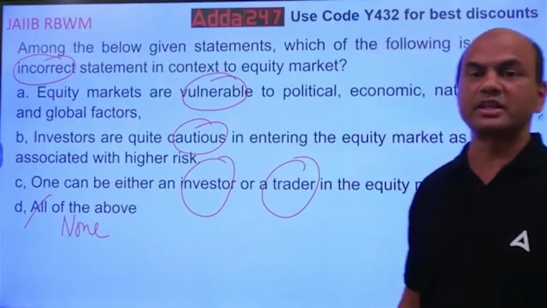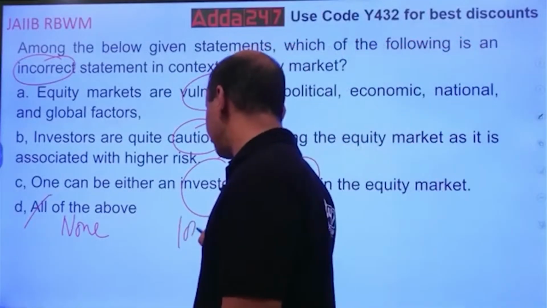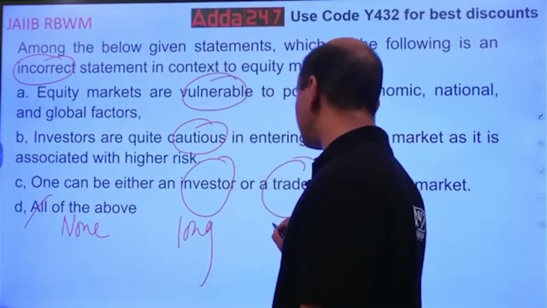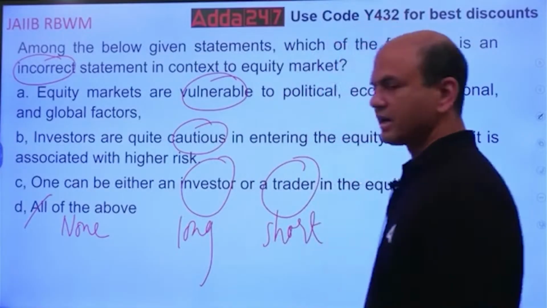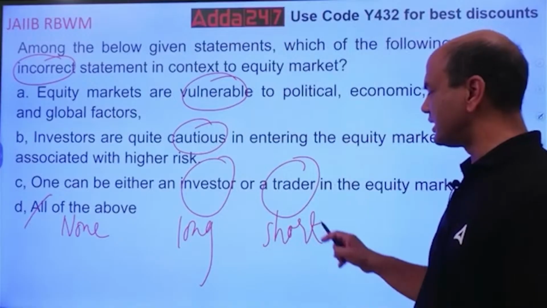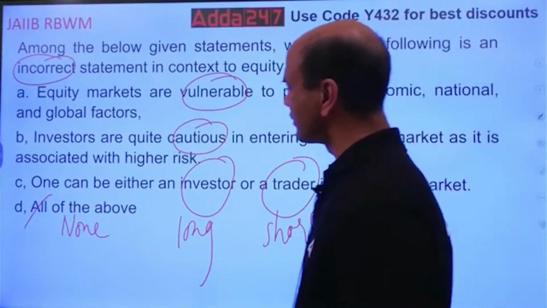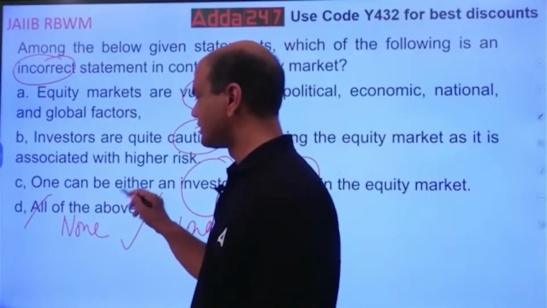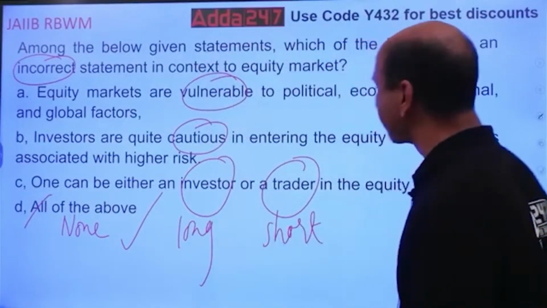What is an investor? The one who invests for a long term. Trader means short, generally day positions, or some smaller, 2-3 days. So what is the answer? Incorrect one, none of the above. All are correct. None of the above is incorrect. Okay.